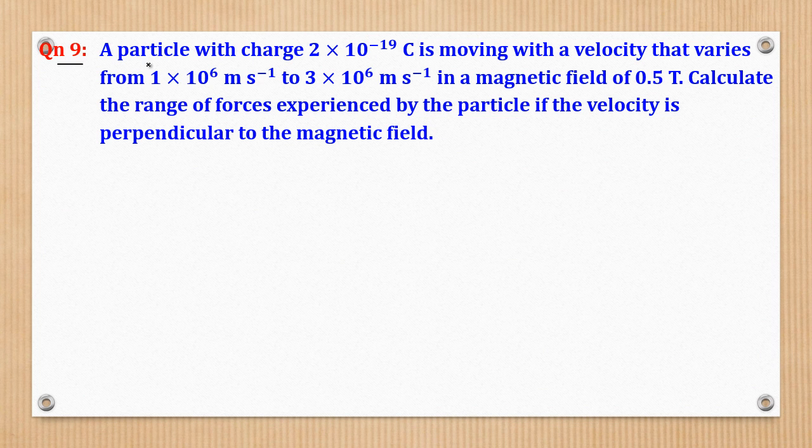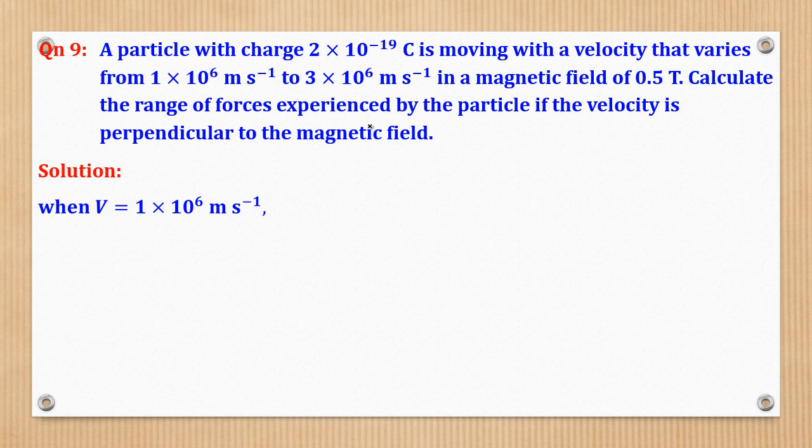Question 9. A particle with charge this is moving with a velocity that varies from this to this in a magnetic field of 0.5 Tesla. Calculate the range of forces experienced by the particle if the velocity is perpendicular to the field.